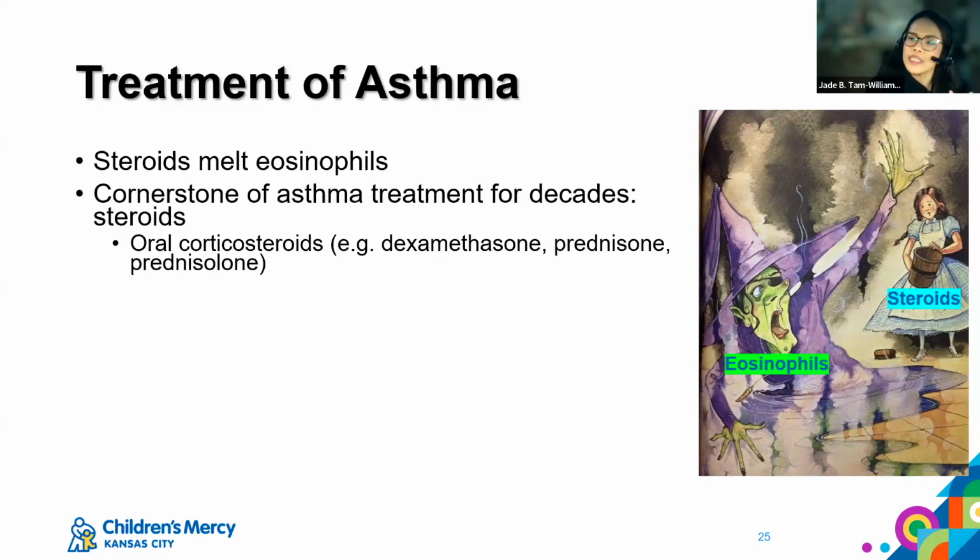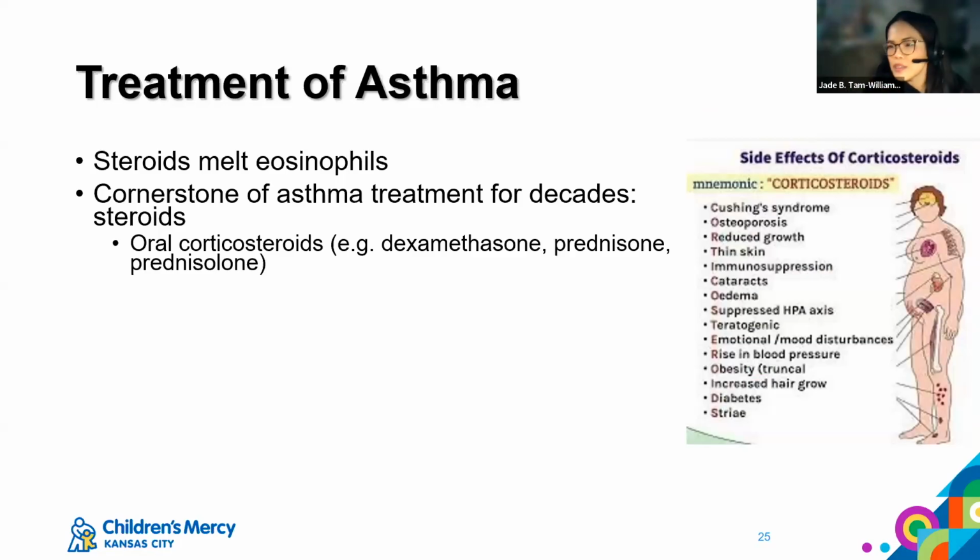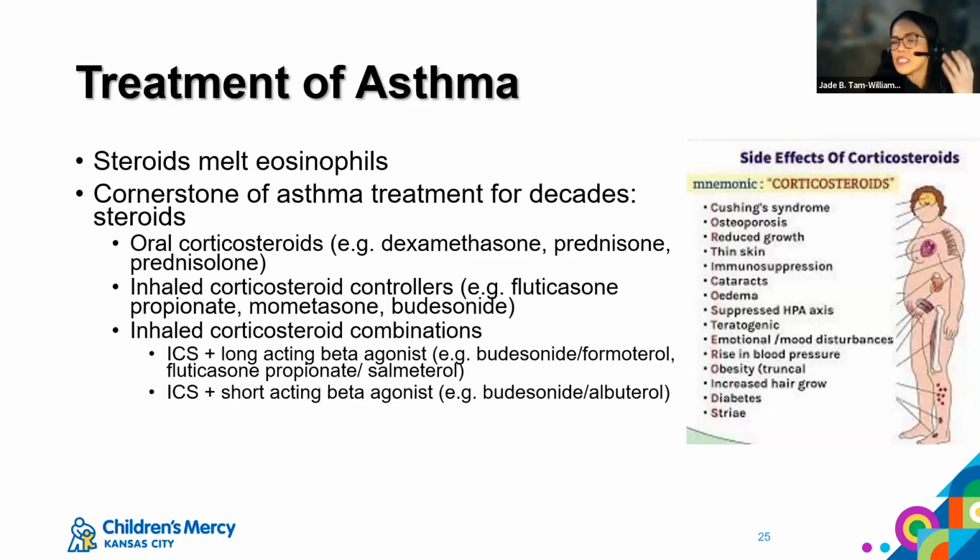So that has been the cornerstone of treatment for decades, which was oral steroids. But the problem, as we all know, is that oral steroids are not a great long-term plan because they have side effects. And so we moved into this inhaled corticosteroid world. Your inhaled corticosteroids are typically your mometasones, your budesonides, your fluticasone propionates.